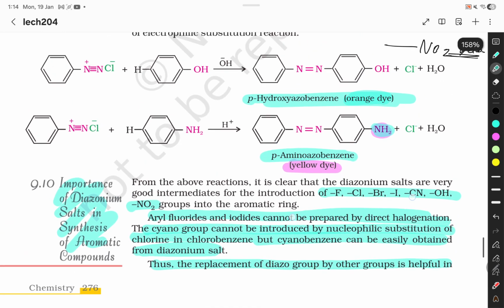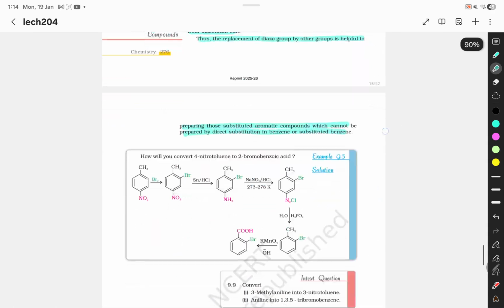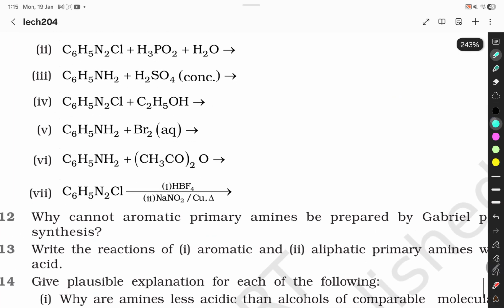So the only useful thing that I did not know was this HBF4 formation. HBF4 forming a diazonium fluoroborate, and then it forms your NO2. So that is a very important reaction. It has not been asked in JEE Mains. Here directly they have given this reaction, we'll just write the product. I'm telling you, it's going to come in JEE Mains 2026.